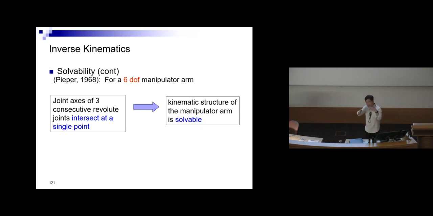For example, earlier we looked at the example of the RRR manipulator, where you define a wrist. The wrist has 3 consecutive revolute joints that intersect at a single point, and with that, you know that the kinematic structure of the manipulator arm is solvable. But the reverse is not true: the kinematic structure can be solvable, but it doesn't necessarily have this wrist.